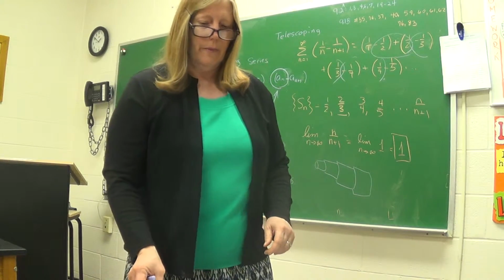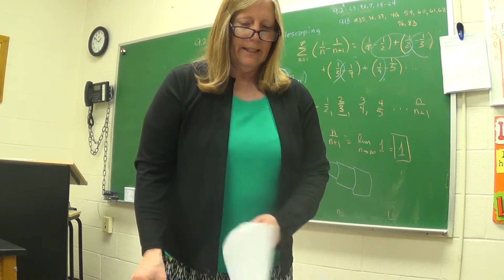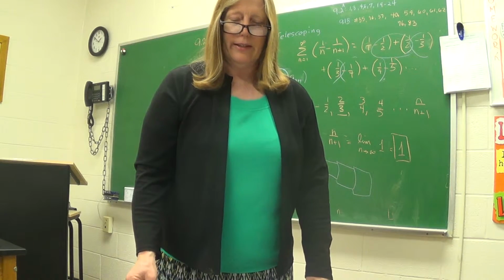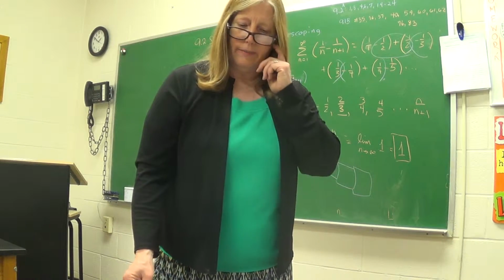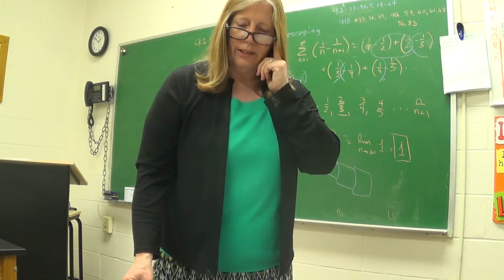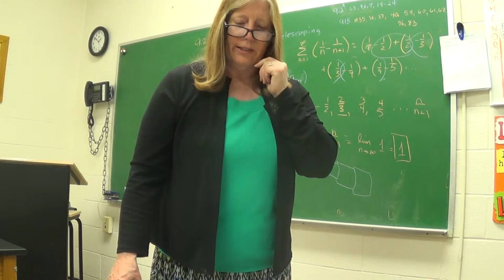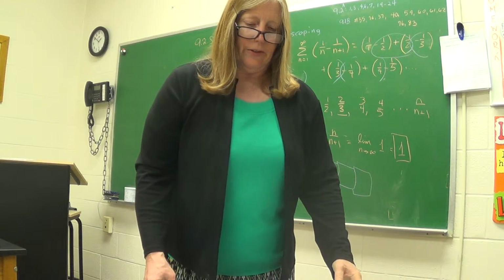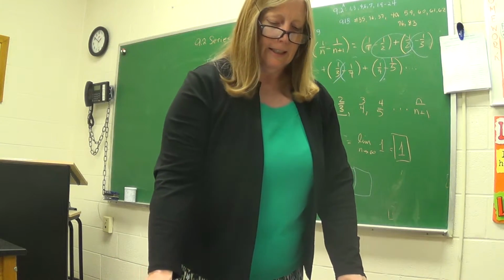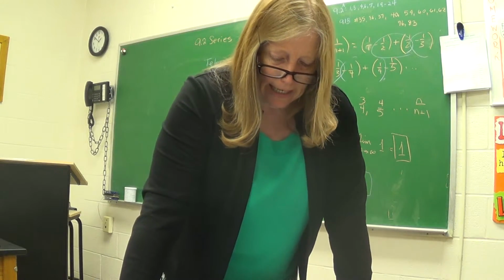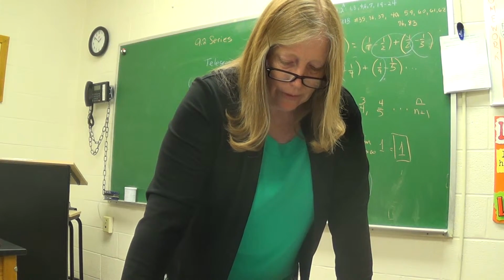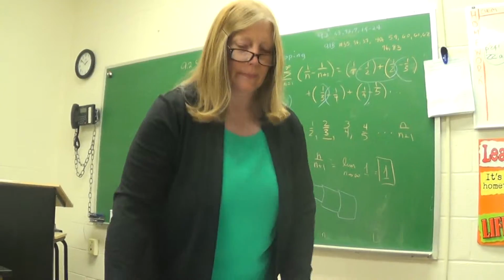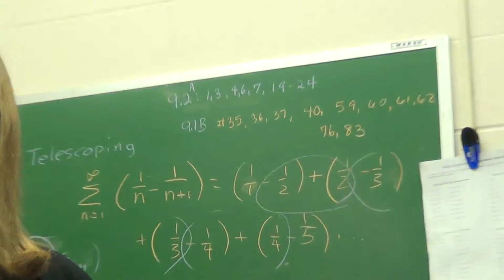All right, would you take a look at those, see if you have any questions before the bell rings? 1, 3, 4, 6, 7, and 19 to 24. See if there's anything that you don't understand what they're asking. There's different directions for different problems there. Does it look pretty clear?